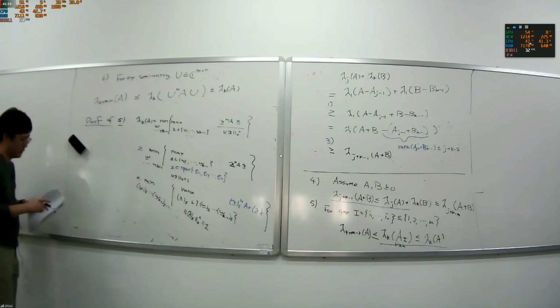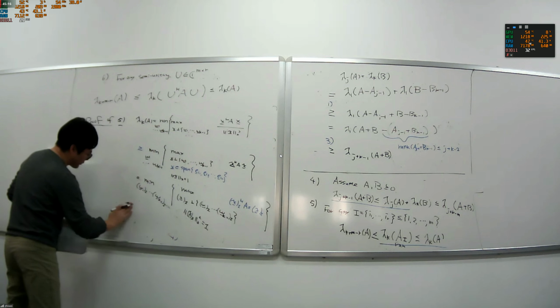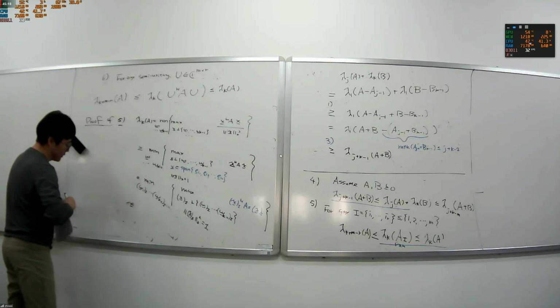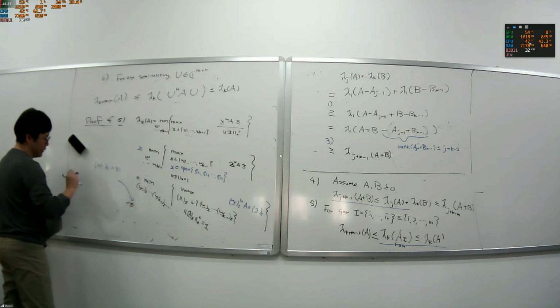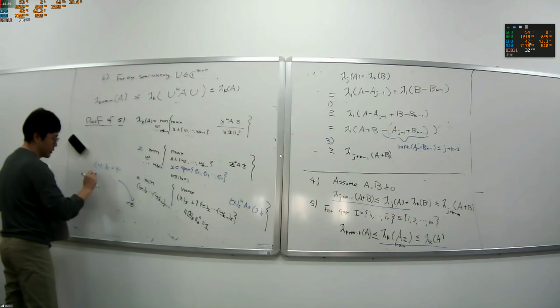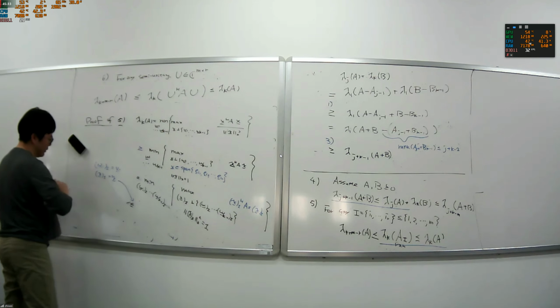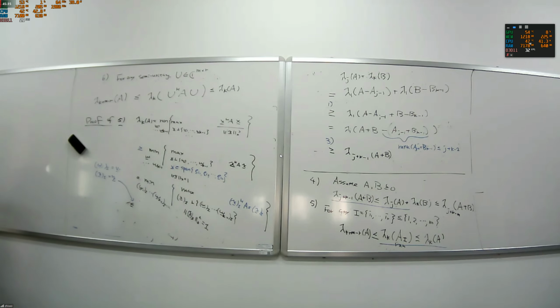Then you can just use another notation: we call Wi, we call it Vi, and we call this Xi, we call it Y. Okay.